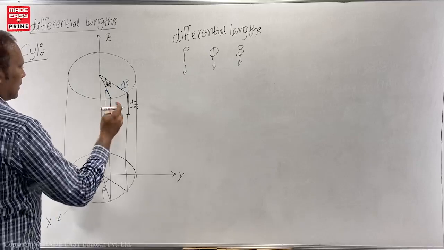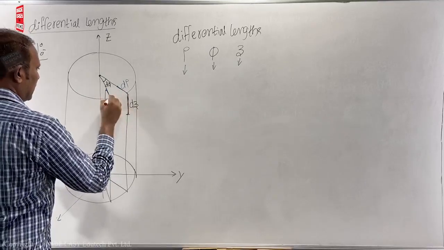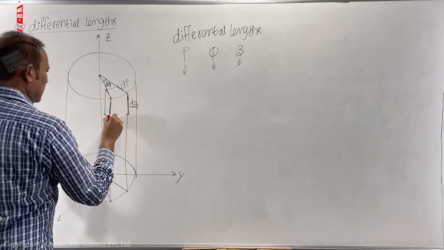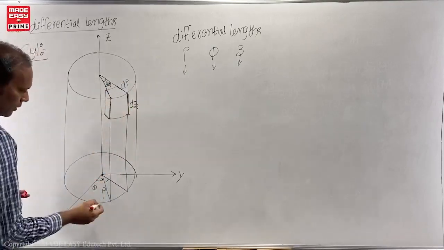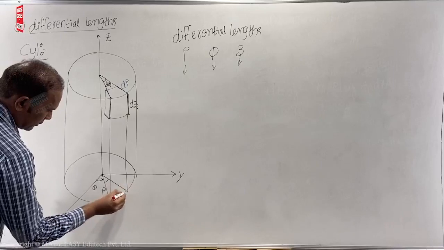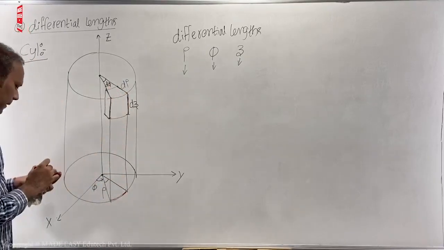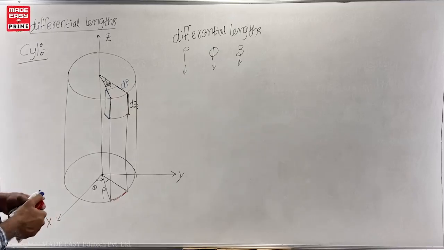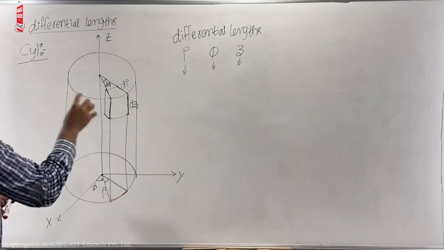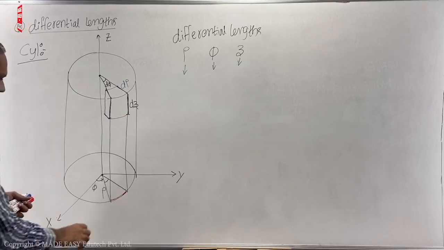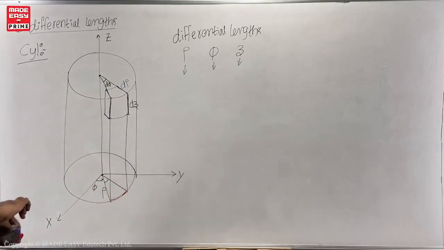Now let us see this red line here, this one and this one and this one, all are this one only. Now that is actually the differential volume here. So now let me tell you differential lengths.